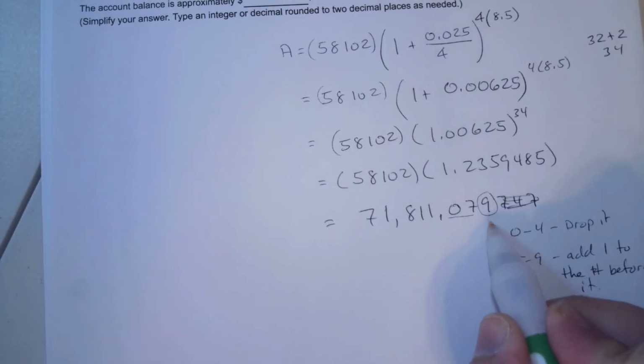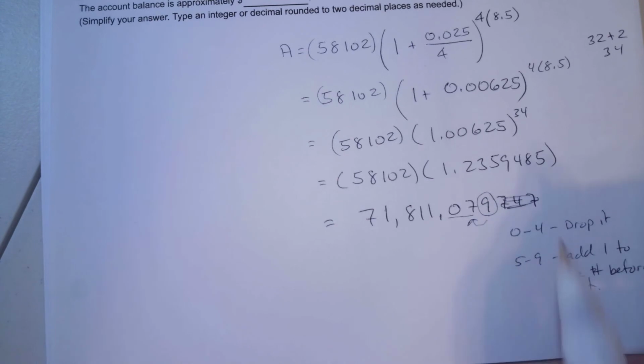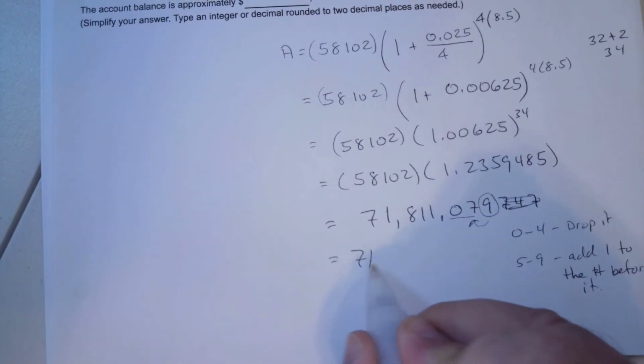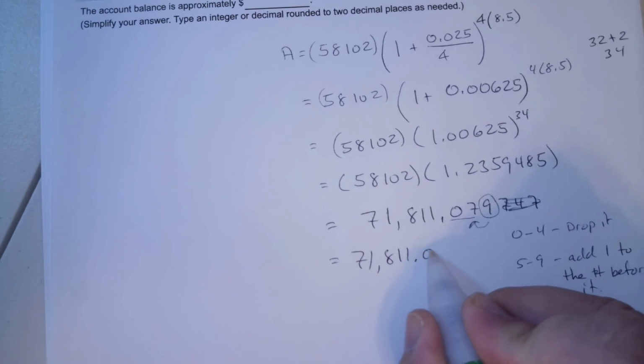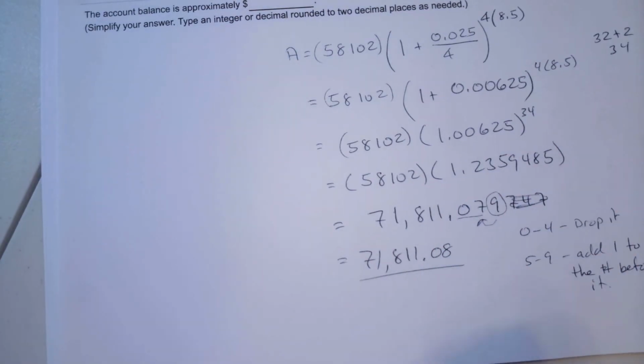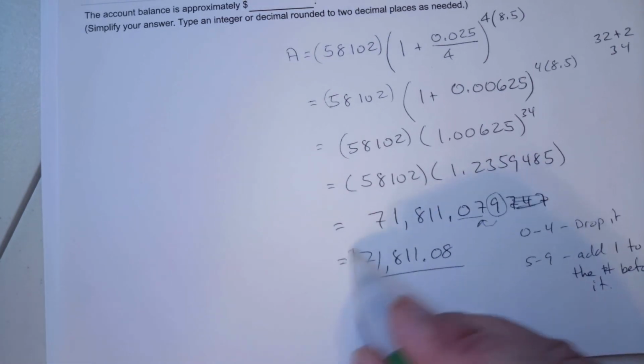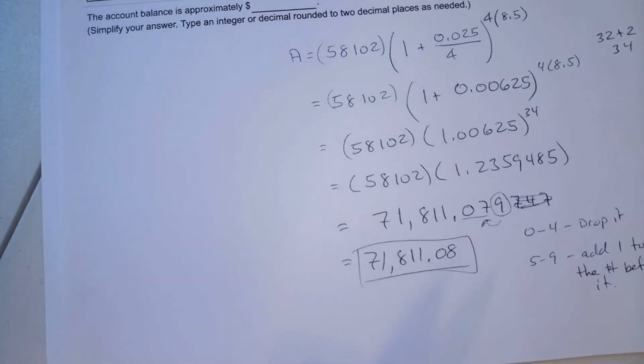So, since that's between 5 and 9, I add 1 to that one. So my final answer is 71,811.08. That's my final answer. That's the account balance.